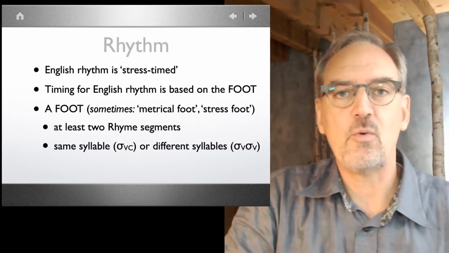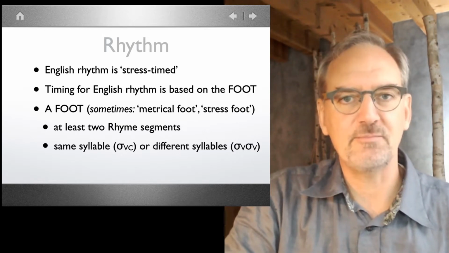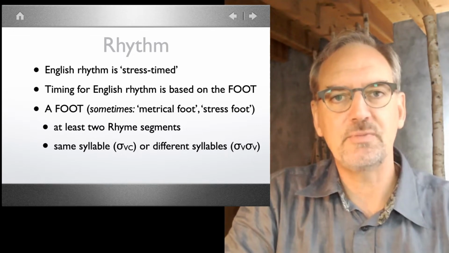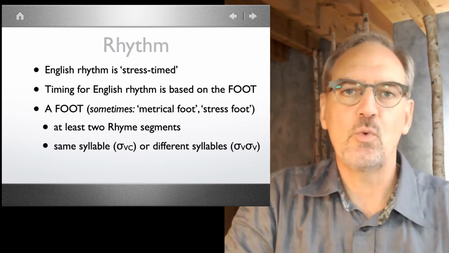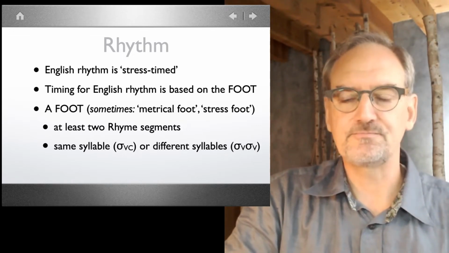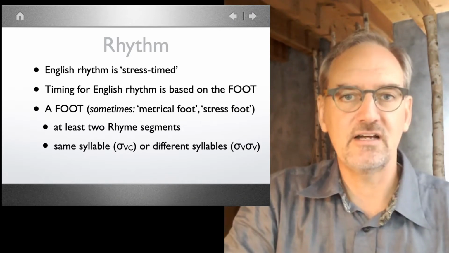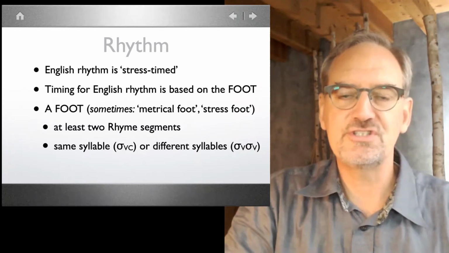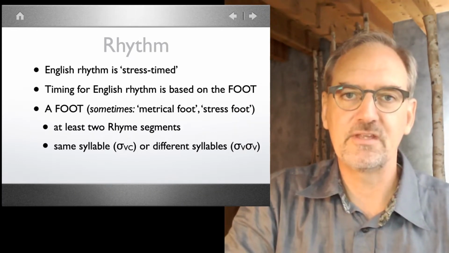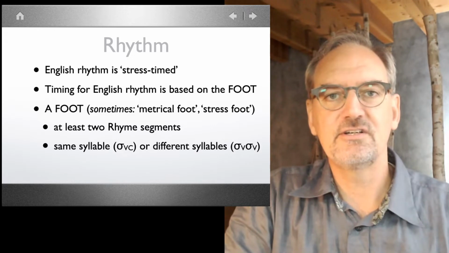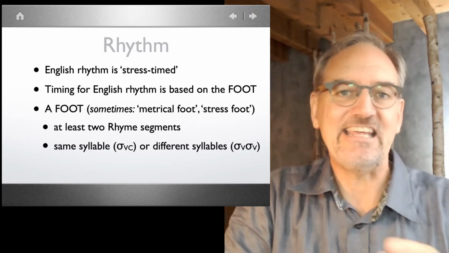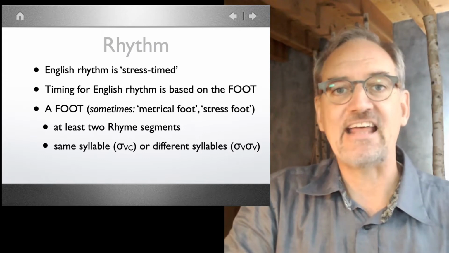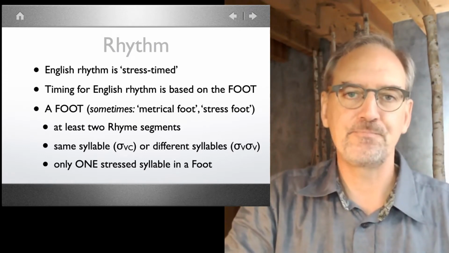It meets the requirement of having two rhyme segments, only one of the rhyme segments belongs to one syllable, and one of them belongs to a different syllable. But both of them, whether it's a monosyllabic foot with two segments in the rhyme, or a bisyllabic foot with one segment in each rhyme, still fulfill this requirement of at least two segments in the rhyme.